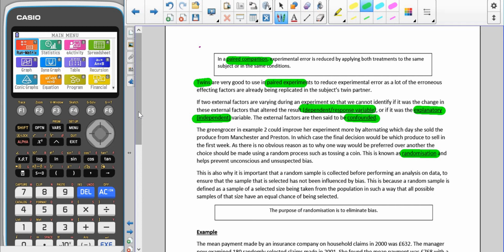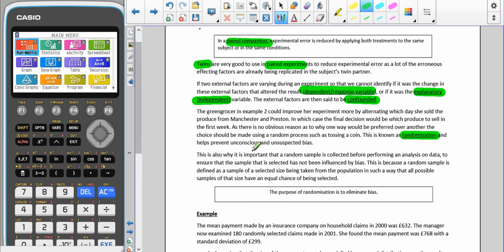So this is also why it is important to randomly select, it's also important that a random sample is collected before performing an analysis on data to ensure that the sample selected has not been influenced by bias.